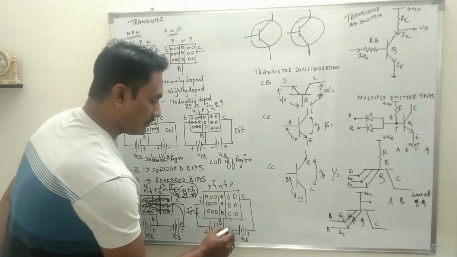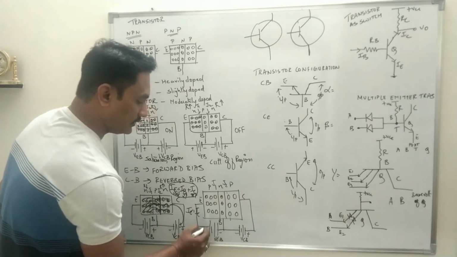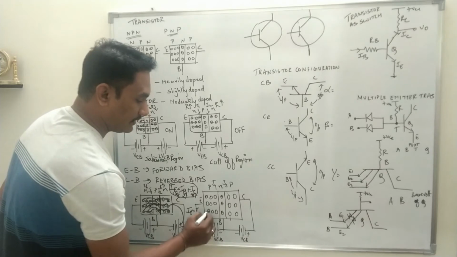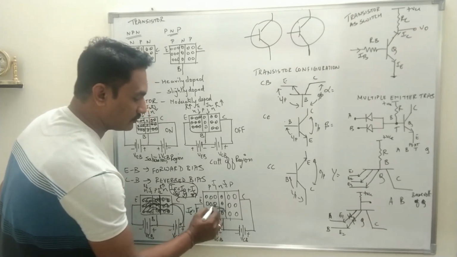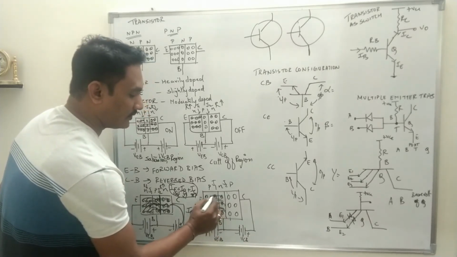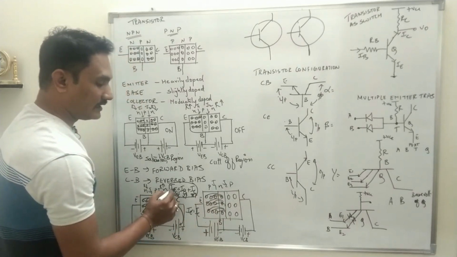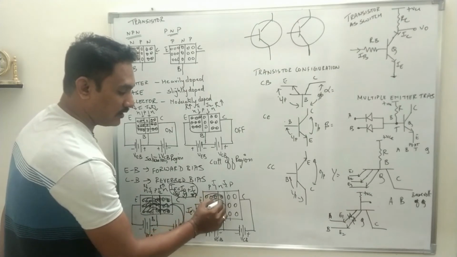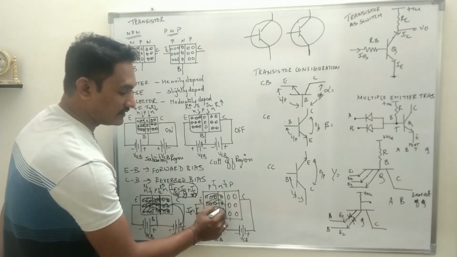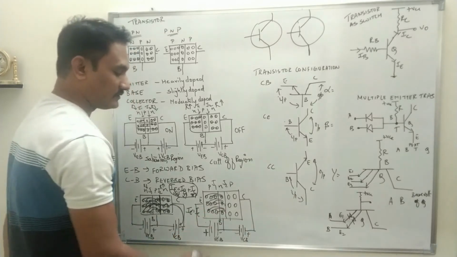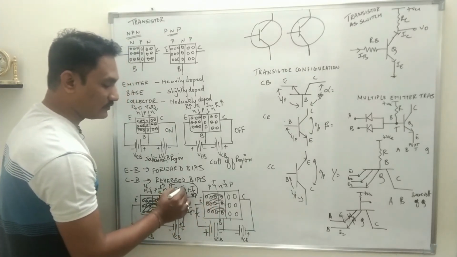So now what happens is, again holes will be repelled by the positive terminal. A large amount of holes move from the emitter to the base, that will constitute emitter current IE. As the base has a small amount of electrons, hole and electron recombination takes place, and there will be a small base current which will flow.